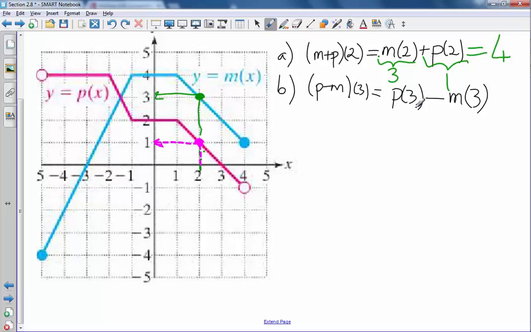Alright, where does 3 go under the P bus? This time your passenger changed, remember? So here is my 3, and I'm riding the P bus. No, this is not P, this is M. Wrong. Oh my God, I'm already on the bus here. I don't have to go meet the bus. I'm on it. So I get on the bus and get out immediately.